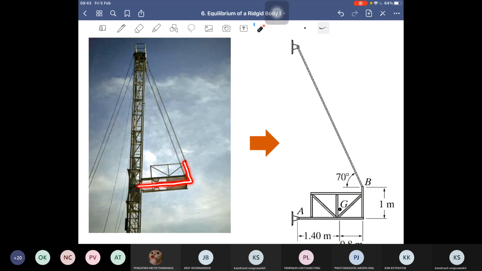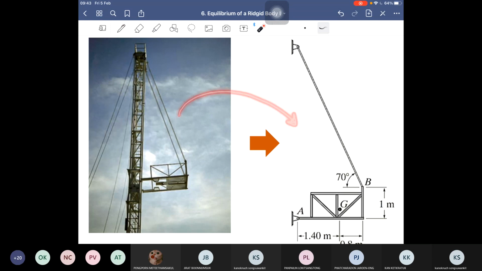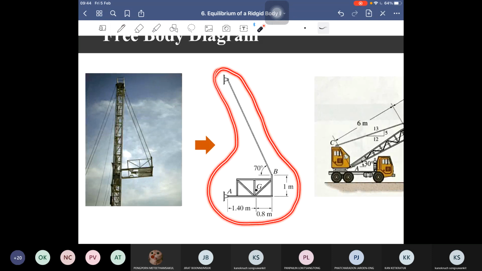This figure is symmetric along any plane, or in other words, it is a plane that is parallel to the robe. Okay, so we can replace this system with the 2-dimension figure. Or we consider only one side of the system.